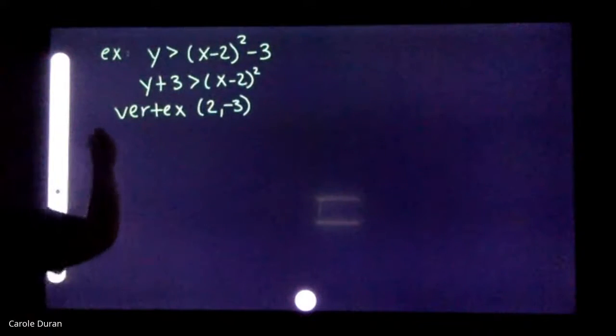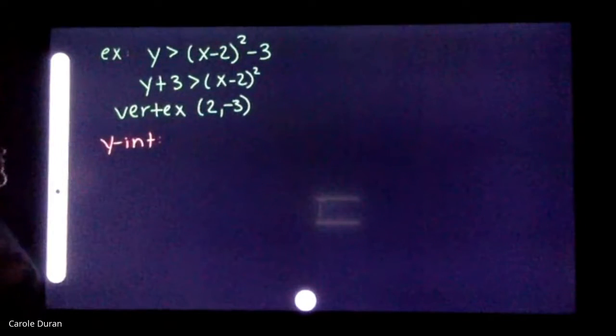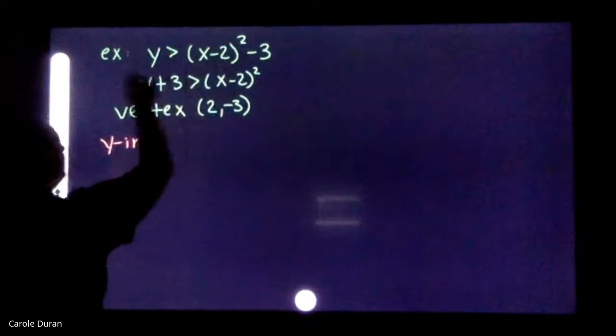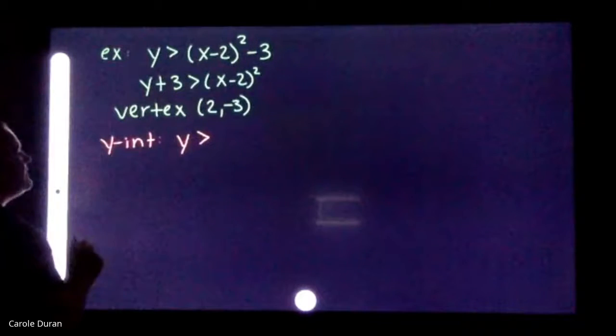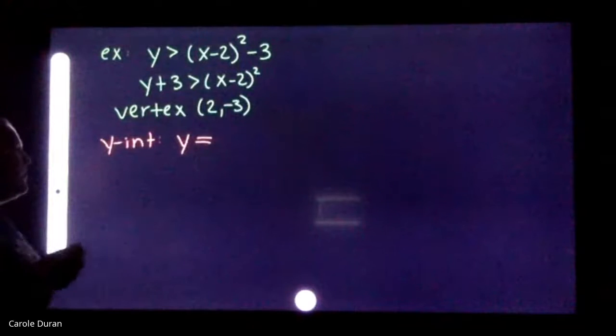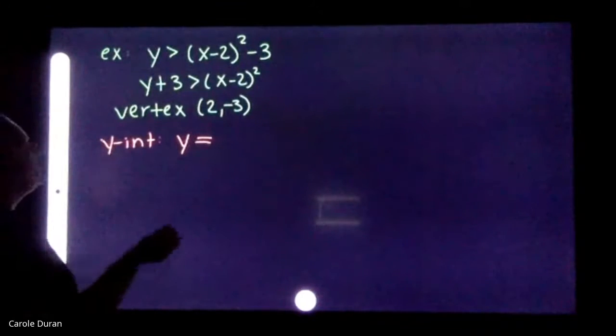So to find my y-intercept, I'm going to plug in 0 for x, and I'm going to solve it out. I'm going to go back to the original form it was given to me in, just because y is already by itself on the left-hand side, which is fantastic. So I'm going to use equals here too, because I'm trying to find a point, so the inequality doesn't matter.